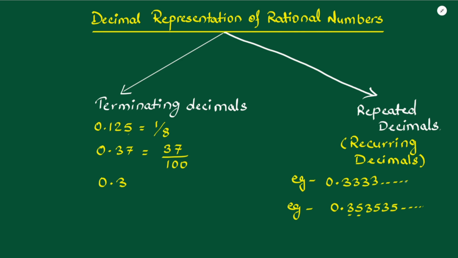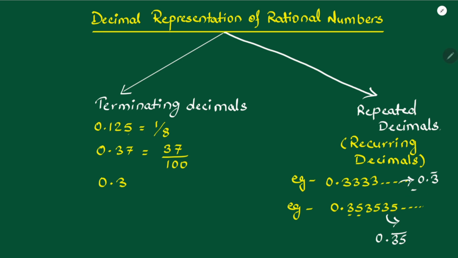If you are curious, we can understand that this one can be written as 0.3 bar and this one can be written as 0.35 bar. Both of these decimals can be converted into fractions.